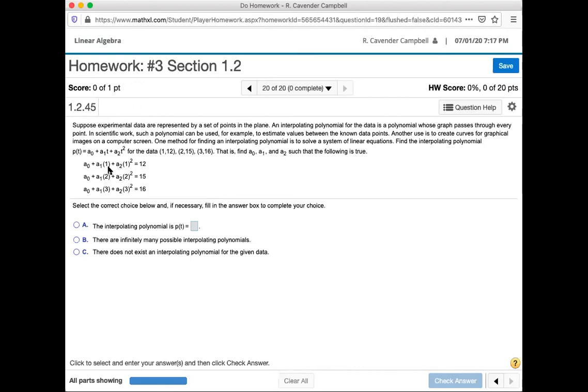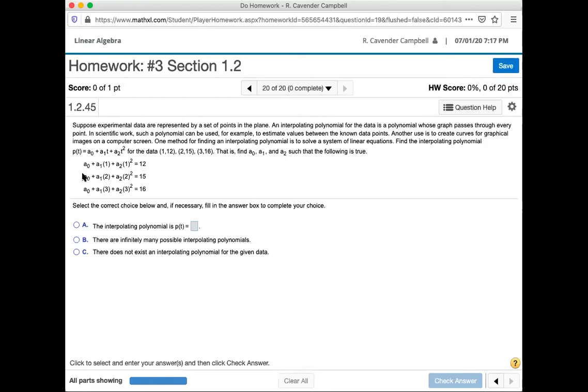Okay, so you can actually set up a matrix system here to work with, okay? So x1, x2, x3, and then on the other side for your augmented matrix, right? So here, this first row, right, we would have 1 a0, 1 a1, and 1 a2, and then 12. So that first row would be 1, 1, 1, 12.